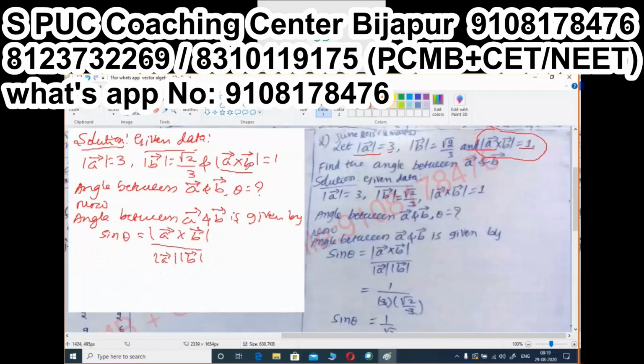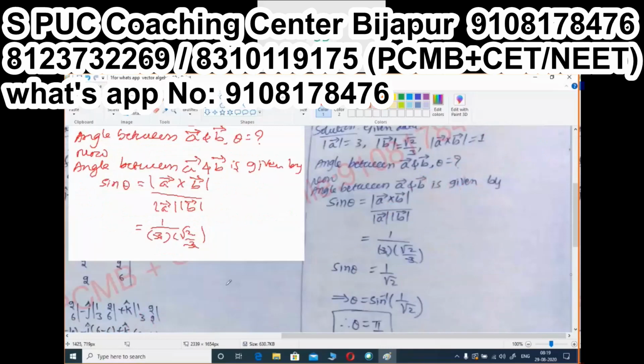The numerator is 1. Next modulus of a is 3. Next modulus of b is root 2 by 3. This 3 cancels, so you get 1 by root 2.